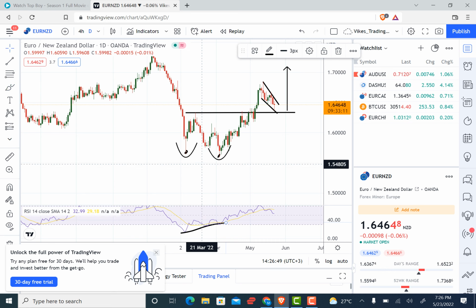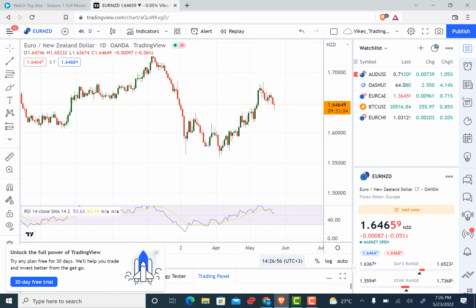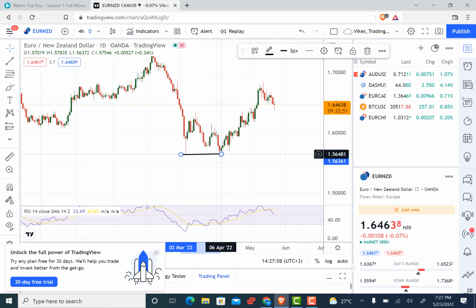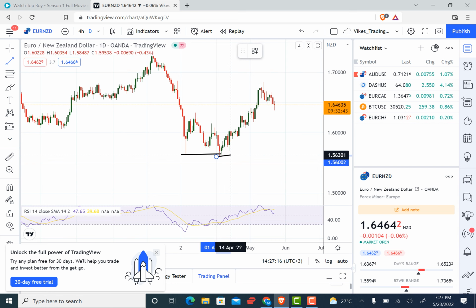So let's clear our chart. Remove drawings. Assume we marked this swing low, so you have that swing low and you have this swing low here.